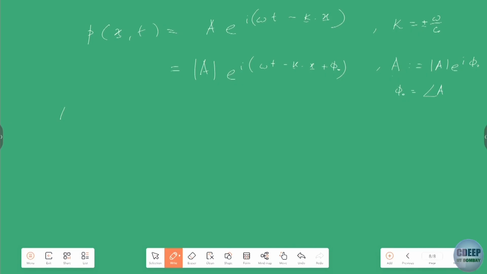So this argument of the complex exponential is the phase of the sinusoidal wave.